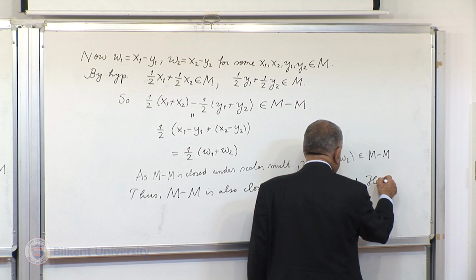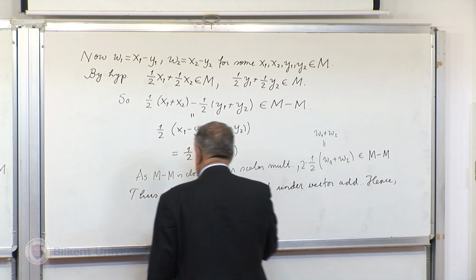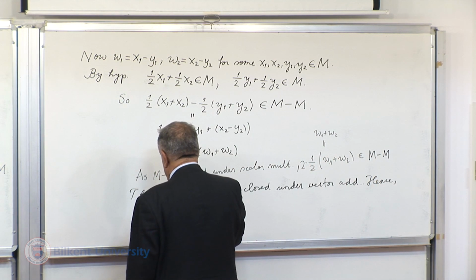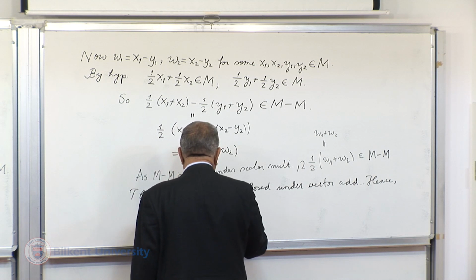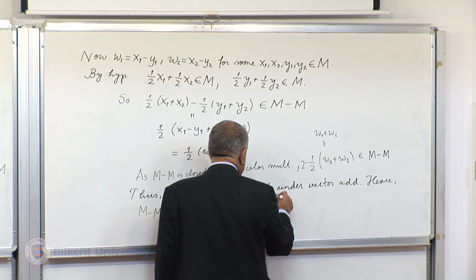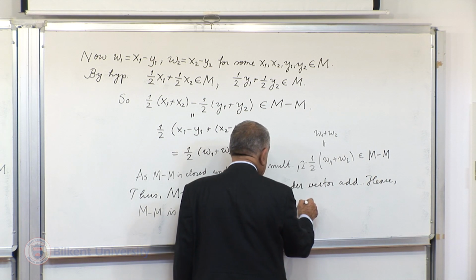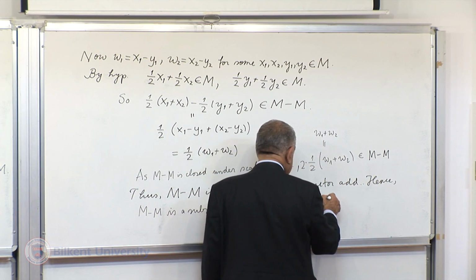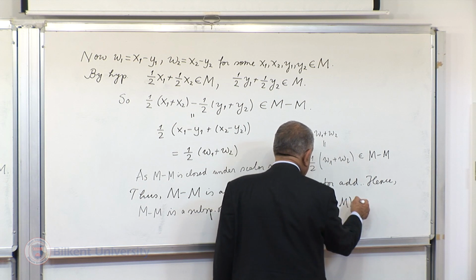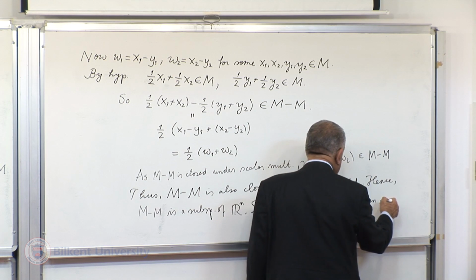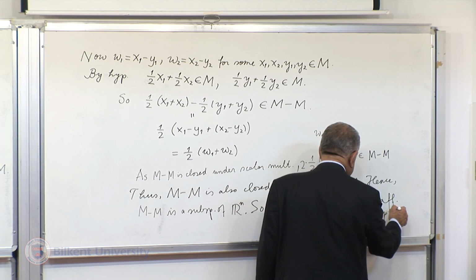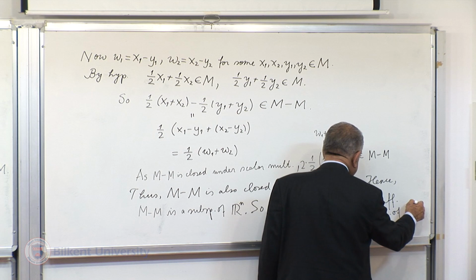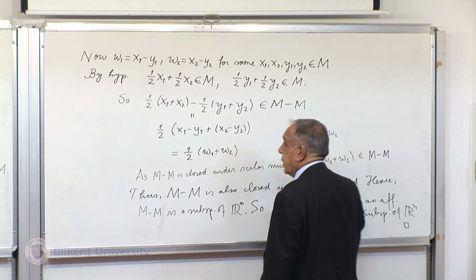Hence, M minus M is a subspace of Rn. So, we have shown that M is an affine subspace of Rn, which was to be shown.